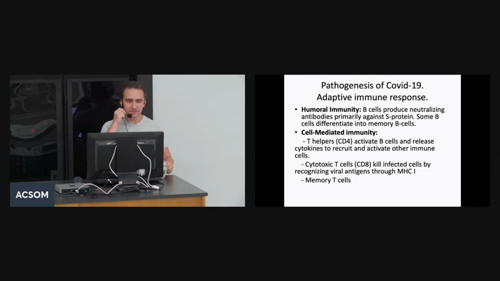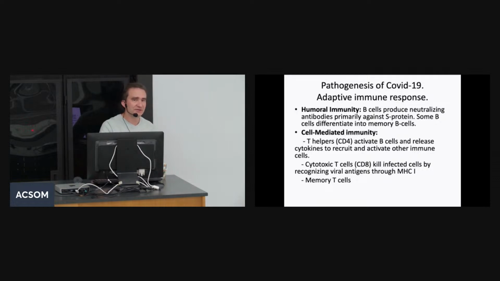So the next step, which works pretty well against this virus, is humoral immunity. B cells produce neutralizing antibodies, primarily against the S protein, which is, remember, on the surface of the virus. And then some of these lymphocytes will differentiate into memory B cells and will stay kind of dormant in the body.